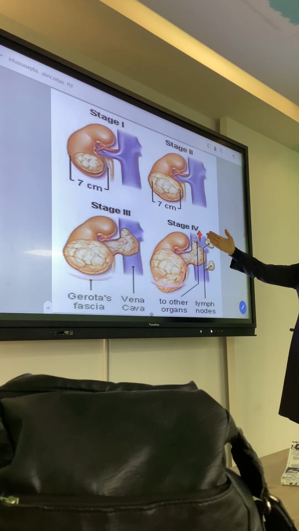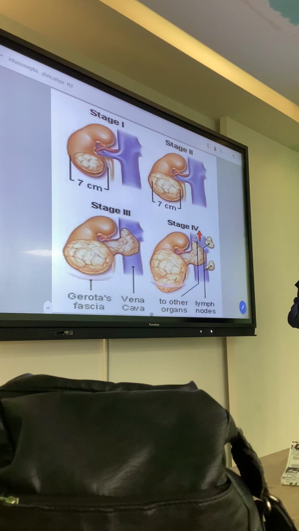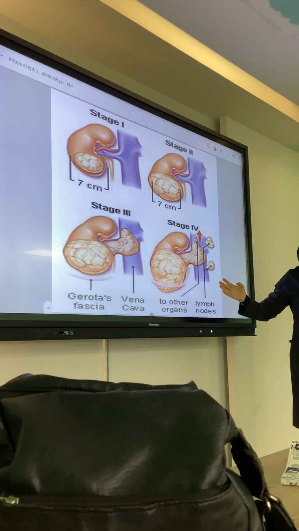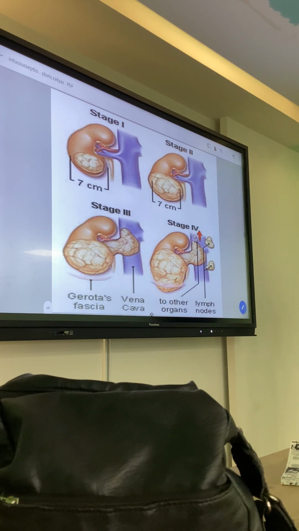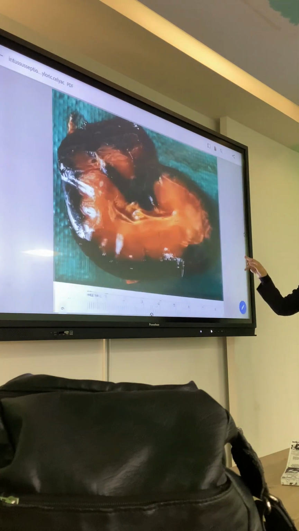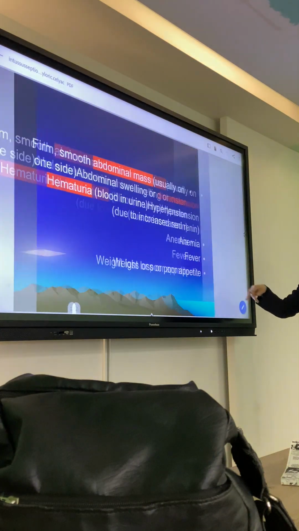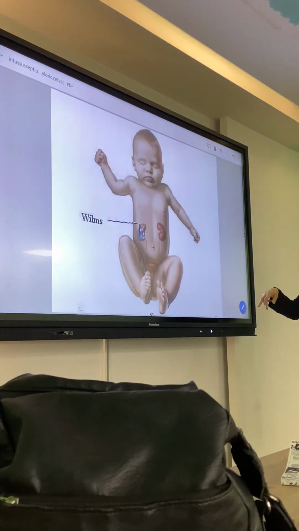And if you have, for example, stage 4, you can do surgery and chemotherapy together. With metastasis to the vena cava, the doctors maybe do not cut the vena cava. You can do radiation and chemotherapy for them. Okay? Detecting is very important.